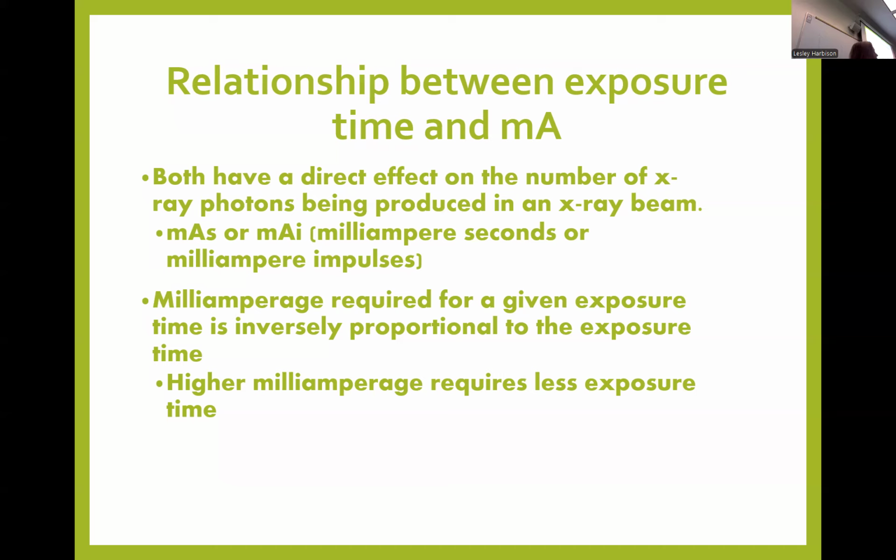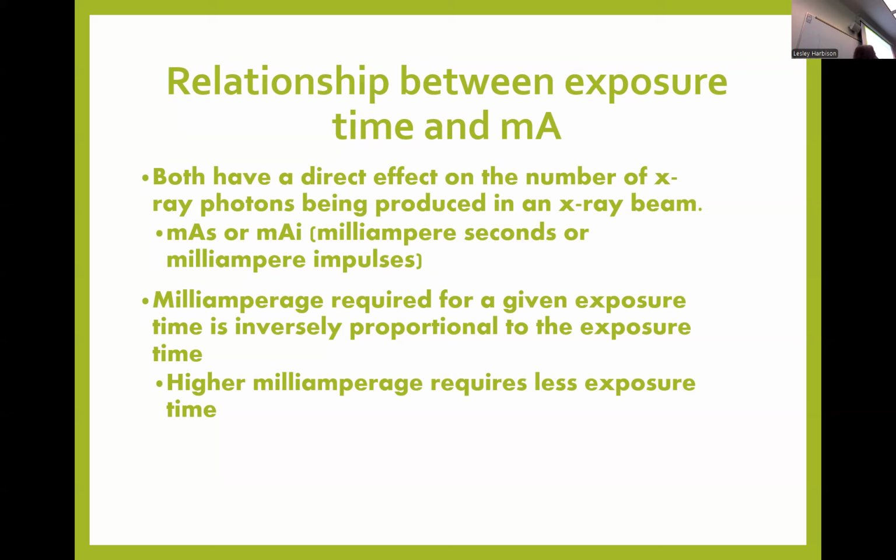We can't change MA. So this is one of those facts that could be tested on the national board. They want you to realize that in the days when all the machines needed to be adjusted by hand, if one is higher, the other can be dialed back, because they're inversely proportional. If one is up, the other can go down, and vice versa.